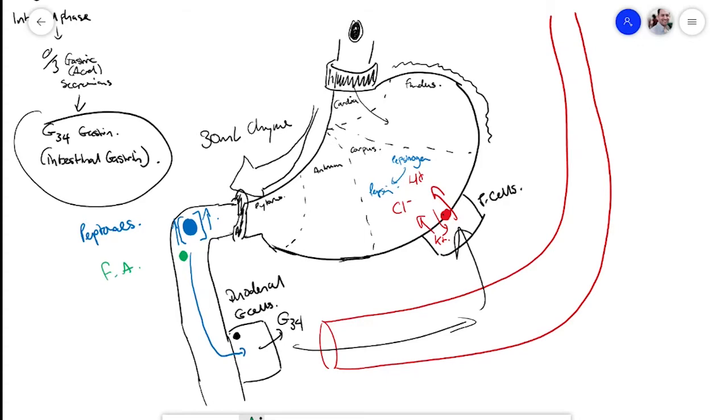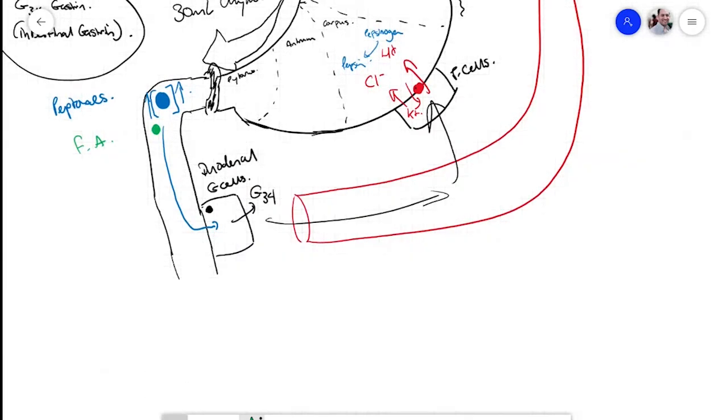We get an opportunity to talk about another type of duodenal cell. So let's just bring our duodenum down like that and put another cell in here. Now these are called S cells, secretin cells. So that's a nice, easy thing to remember. Secretin is secreted by S cells.